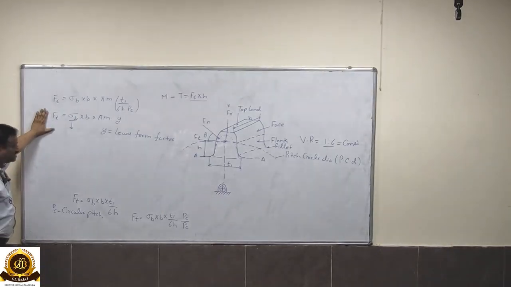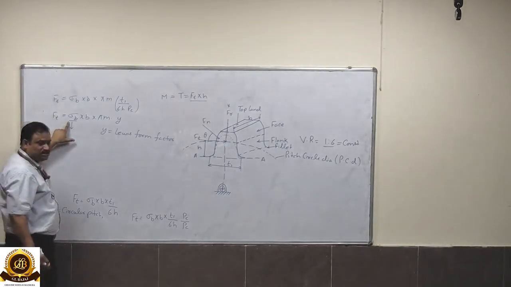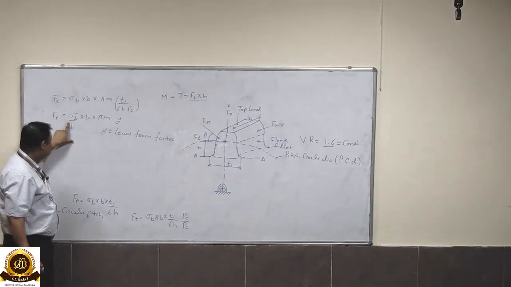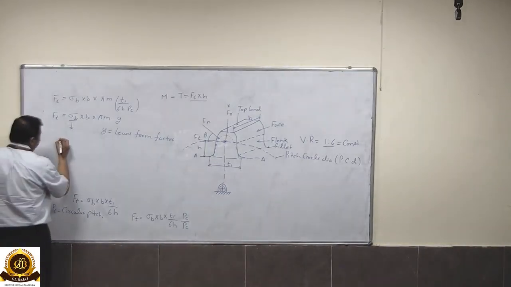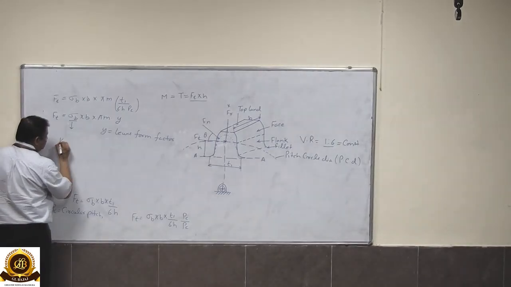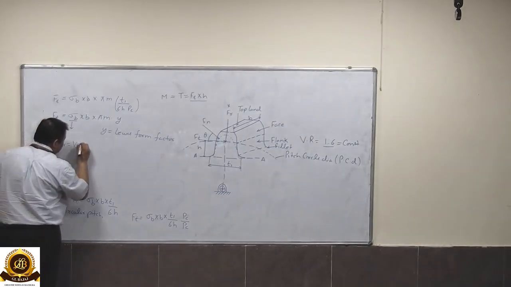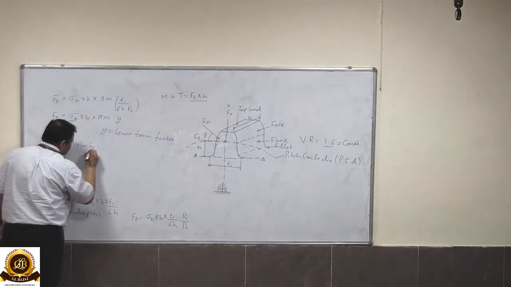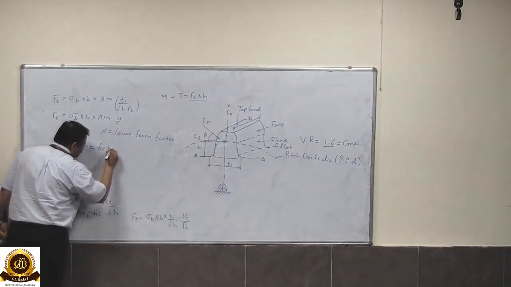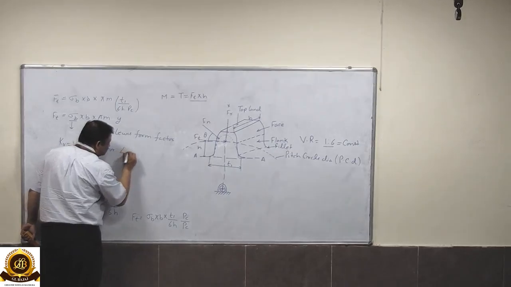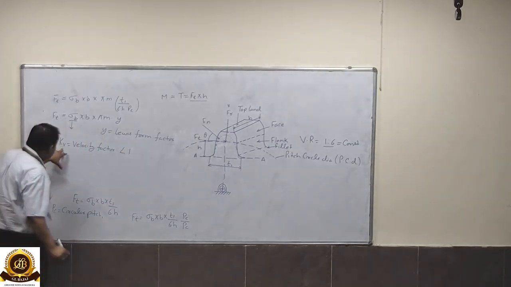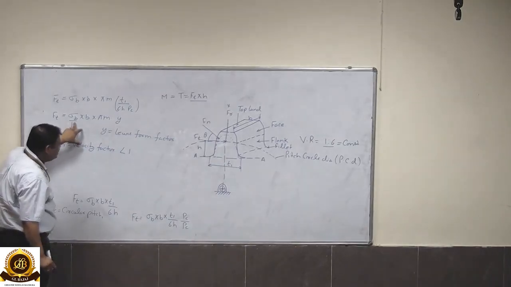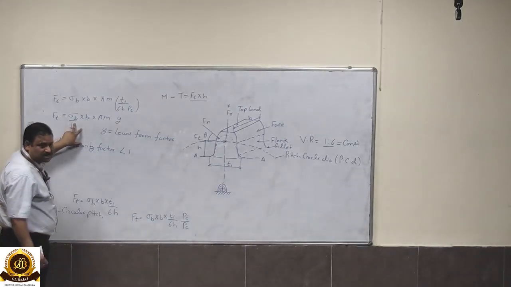Now this is the fundamental Lewis equation, which has a constant, or you can say a fixed stress, the permissible stress, which depends upon the material. So we have to introduce here a velocity factor Kv, which is always less than 1. This velocity factor should be multiplied with the static stress sigma b.